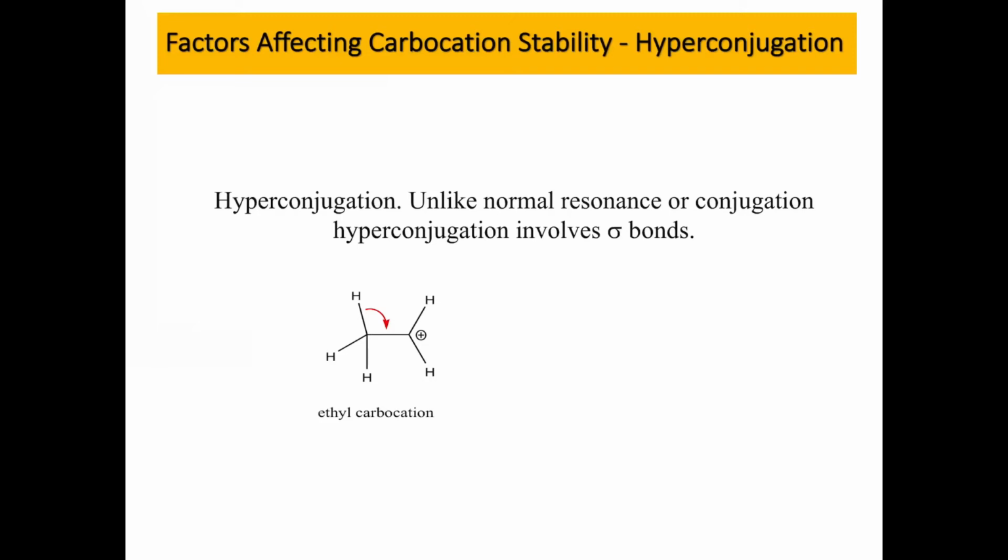So here in the resonance we have just pi bond. Here we have pi and sigma. That's why we call it hyperconjugation. So that's the difference between resonance and hyperconjugation. Hyperconjugation does include the sigma bond involvement, while the resonance is just pi.